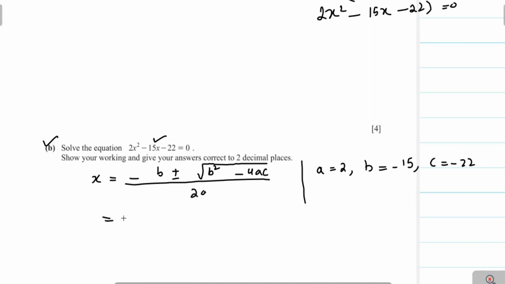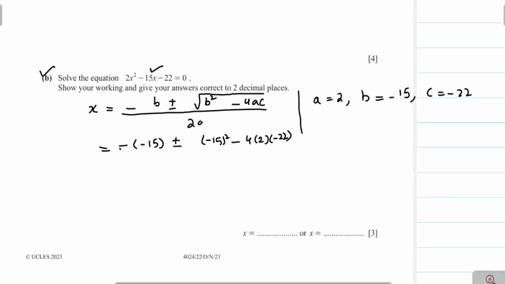Now we substitute the values. b here is minus 15. We write minus minus 15 plus or minus the square root of b squared, which is minus 15 squared, minus 4 times a, which is 2, and c is minus 22, and 2a, the 2 here is written as it is, a is 2.